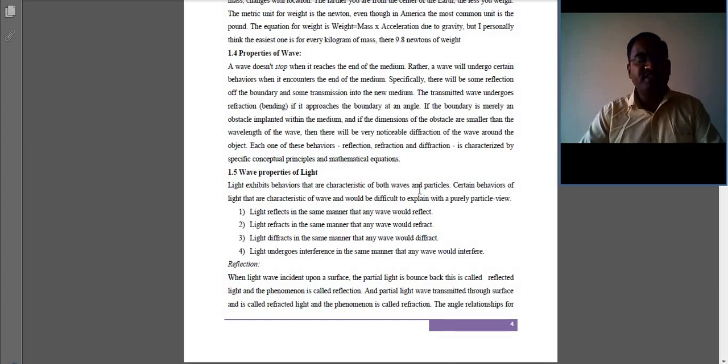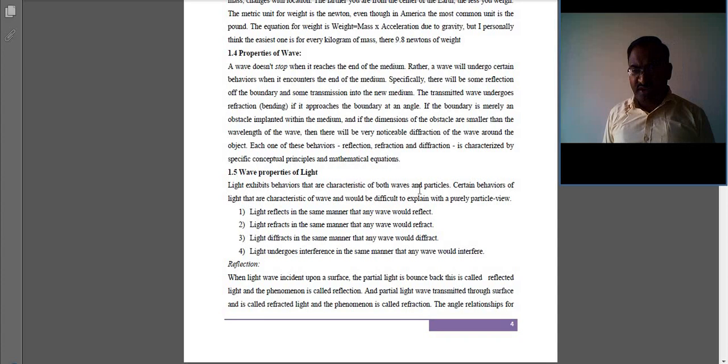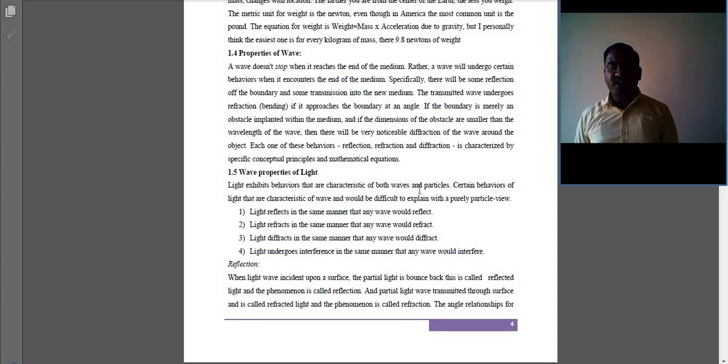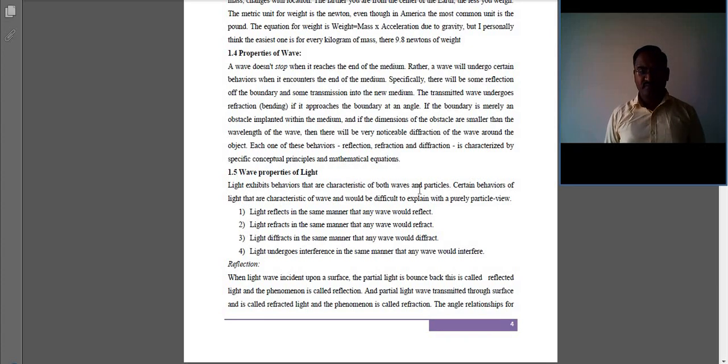Next, we'll discuss the properties of light. Light exhibits behaviors that are characteristic of both waves and particles. Certain behaviors of light that are characteristic of waves would be difficult to explain with a purely particle model. Light reflects in the same manner that any wave would reflect.